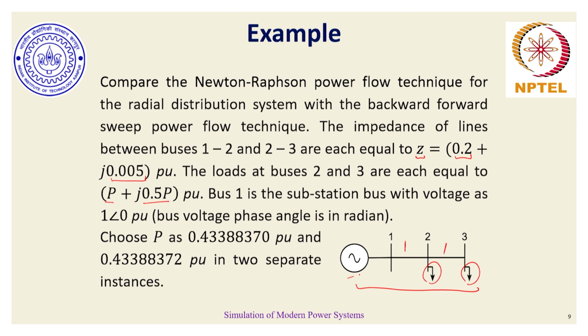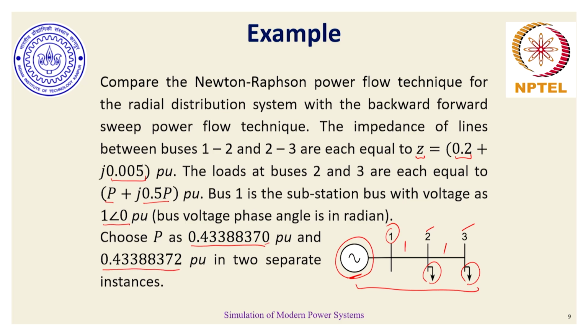Bus 1 is a substation bus, which is represented by this fictitious analogous generator or AC oscillator, and we would try to find the voltages of buses 2 and 3. Because bus 1 is a substation bus, we have chosen its voltage to be 1 at an angle 0 per unit. We consider 2 cases where the load is this number, and in the next case the P value is this number.